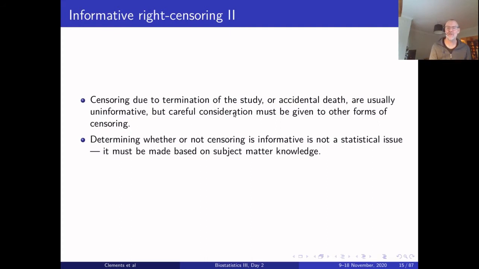Thankfully, censoring due to termination of the study or accidental death is usually uninformative, which makes our life simpler, but careful consideration should be given to other forms of censoring. And from a philosophical perspective, determining whether or not censoring is informative is not a statistical issue. It must be based on subject matter knowledge, so you should think about it carefully.